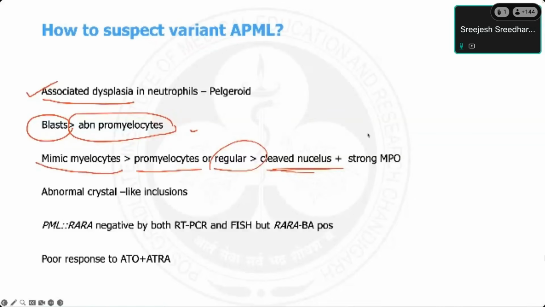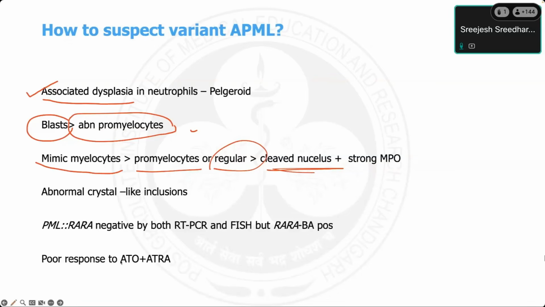And suppose in some situations, we morphologically suggest acute promyelocytic leukemia. The clinicians start ATO and ATRA, but then they feel that the response is not that great. So if the response to ATO ATRA is poor, then again you have to suspect variant APML.